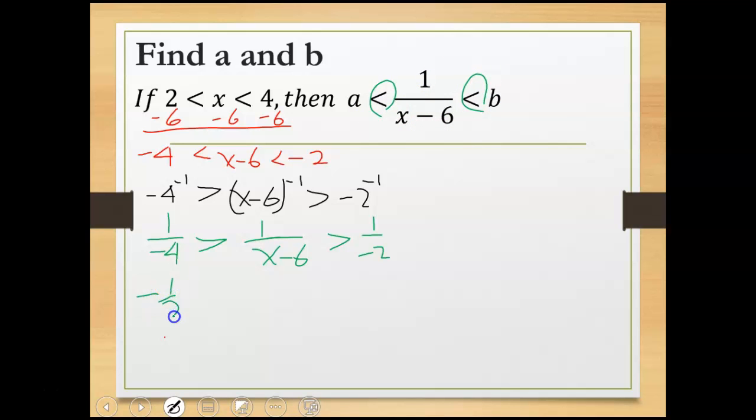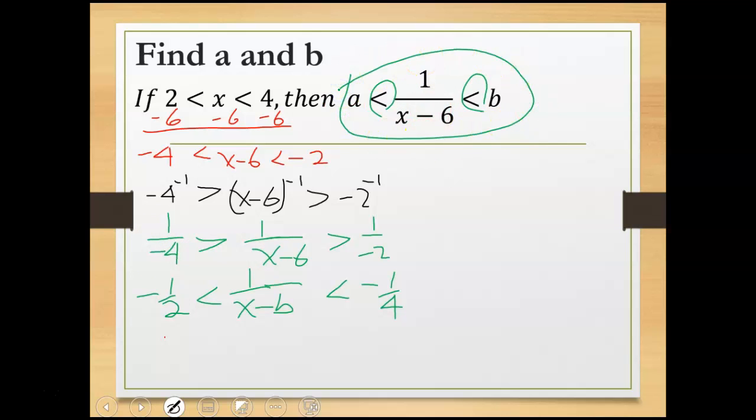So it's -1/2 is less than 1 over x minus 6, which is less than -1/4. If we don't do this, we will make a mistake and write -1/4 as our A, but the expression has to look exactly like this. So we know that our A is -1/2 and our B is -1/4.